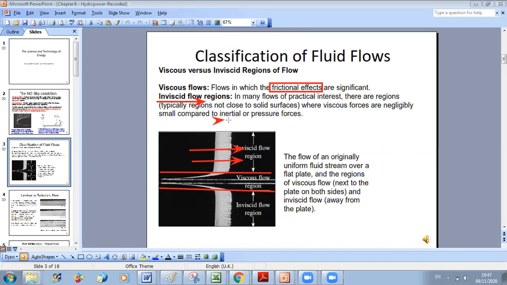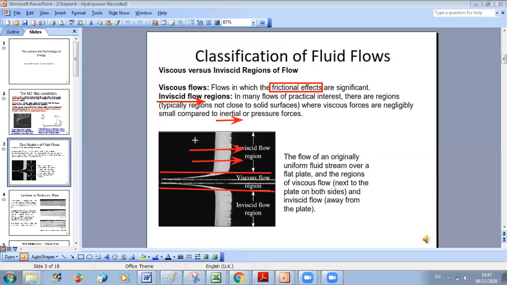What we mean by inertial forces are forces due to acceleration of the fluid. When your fluid is in motion, you have what is called inertial force. The higher the velocity and the acceleration of your fluid, the higher the inertial forces, which can be dominant over viscous effect.